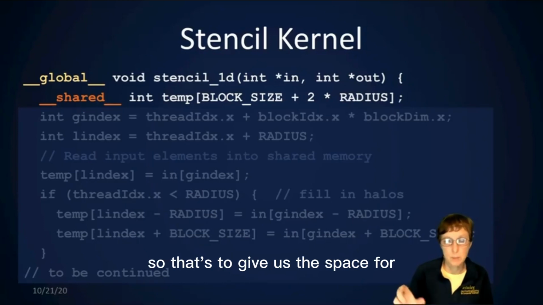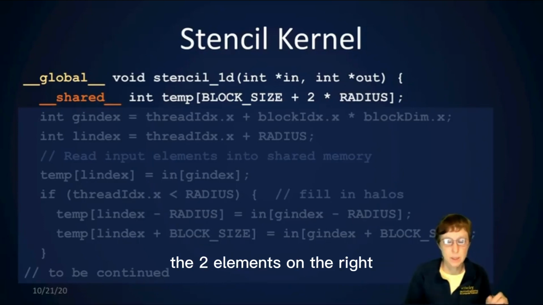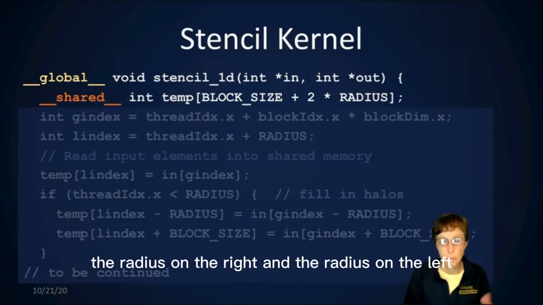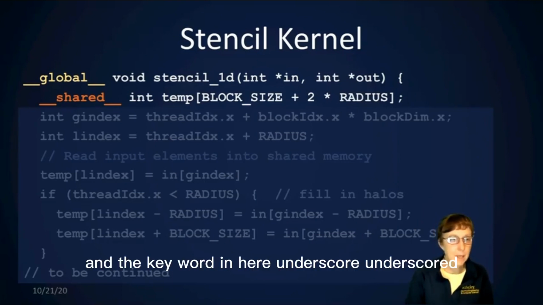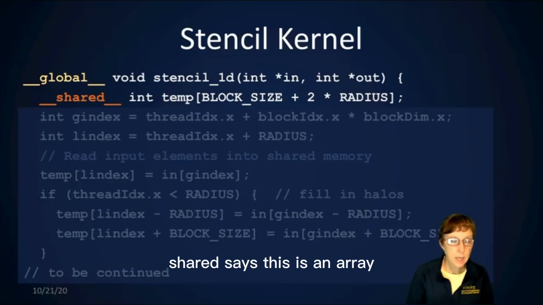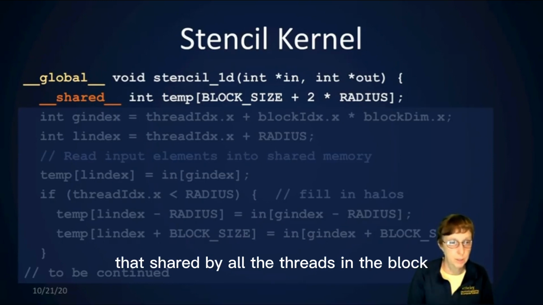So that's to give us the space for the radius on the right and the radius on the left, so that's why we have 2 times the radius plus the block size. And the keyword in here, underscore shared, says this is an array that I want to be put inside of this fast shared memory that's shared by all the threads in the block.